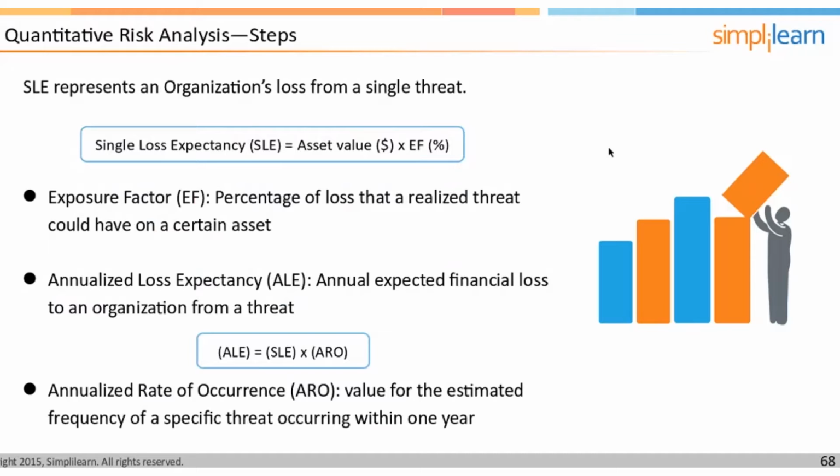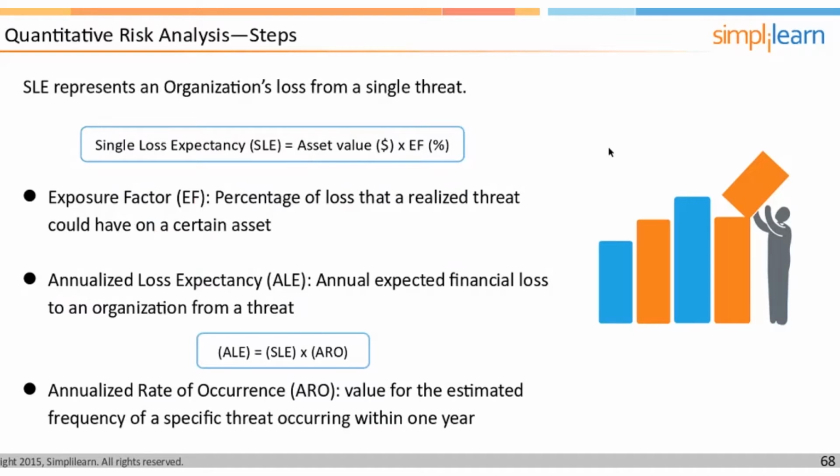The meaning of SLE is how much the organization will lose from a single threat. In the earlier case, if the roof was blown away, how much damage would the asset face? The value for that is the asset value times the exposure factor.